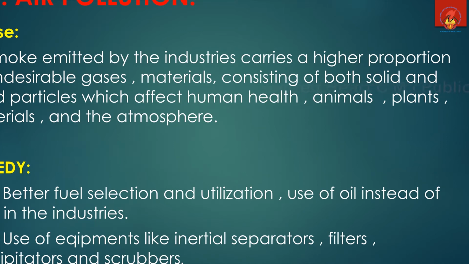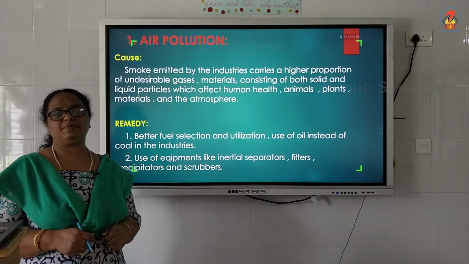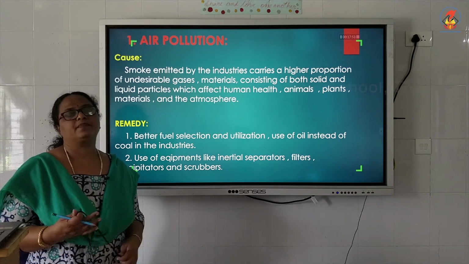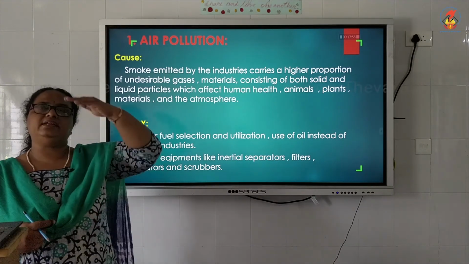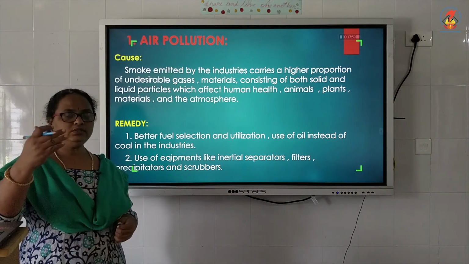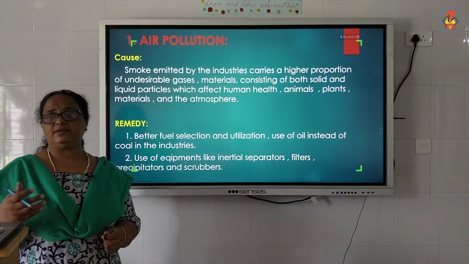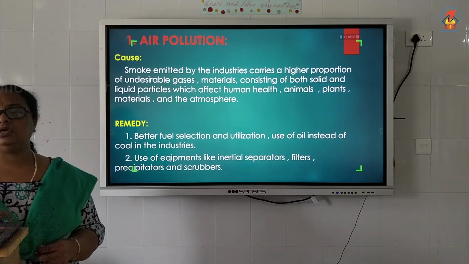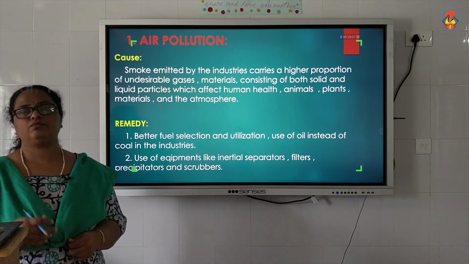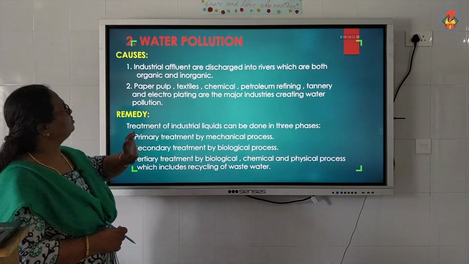Whatever air is moving out of the industries must be filtered, and only then must it be emitted into the atmosphere. So these are certain ways of remedy that we can apply for air pollution.